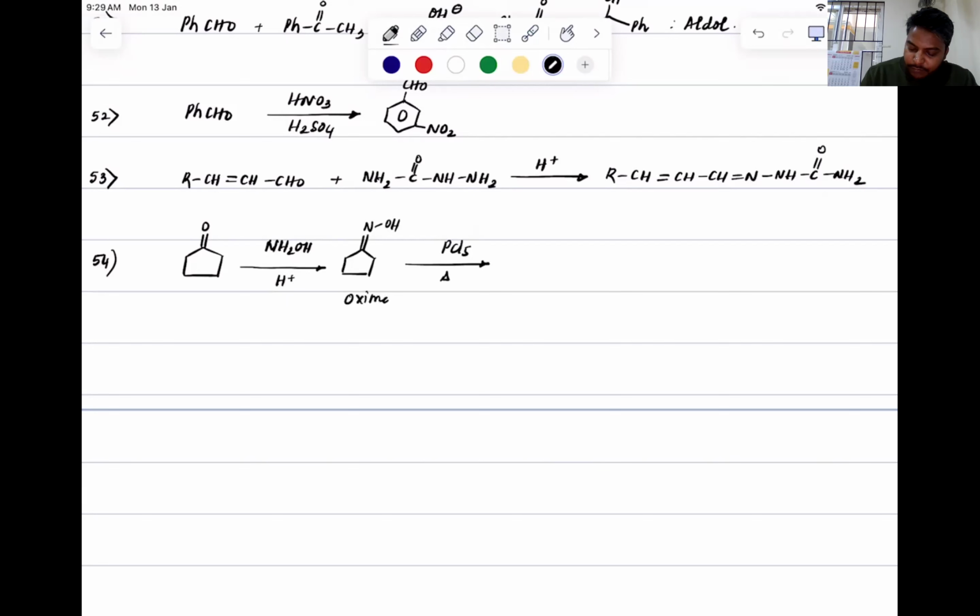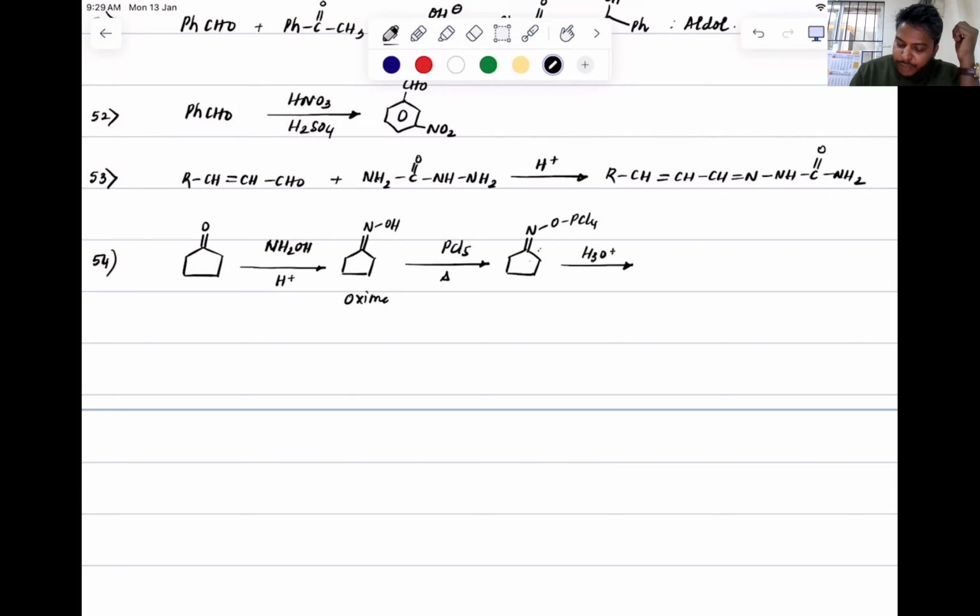So first we will get this OH to be a part of this PCl4 like this. Now, which makes it a very good leaving group, because of which there will be rearrangement.